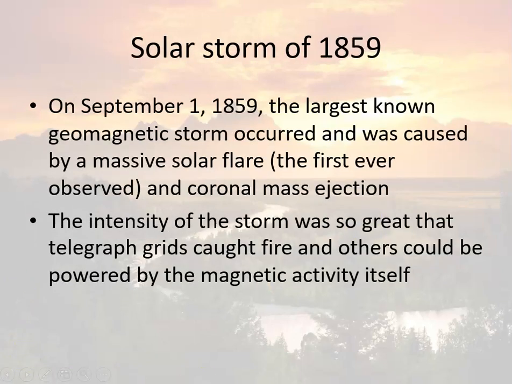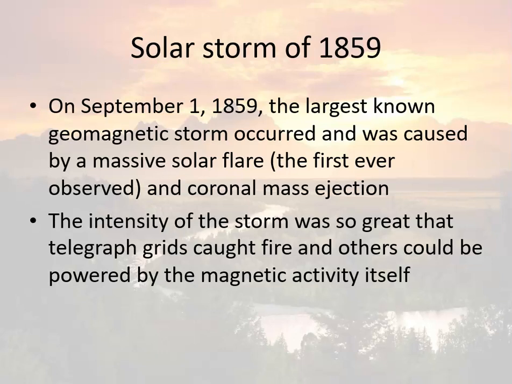Now, one particularly well-known event that did head toward Earth was the famous solar storm of 1859. As you read in one of the reading articles that you had to do, this began around the end of August, but the actual peak of it was around September 1st of that year.